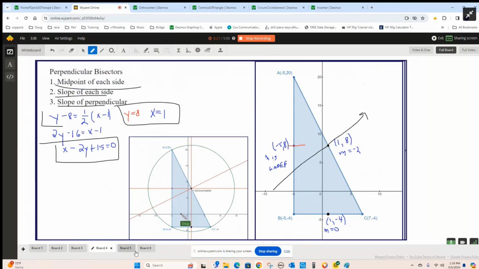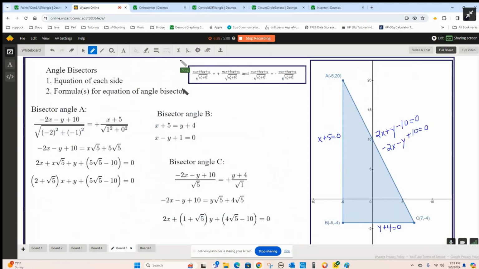And finally, angle bisectors. These are the hardest ones. There are different ways to do this, but here are formulas for the equations of angle bisectors, given the equations of the two lines that form the angle.